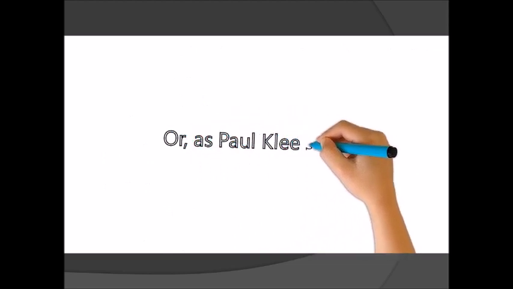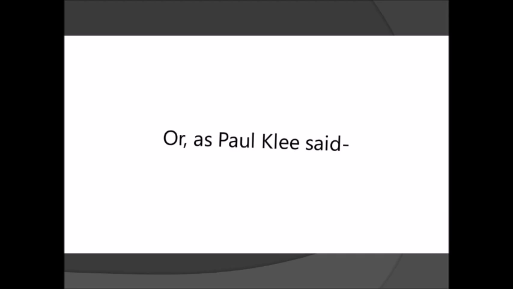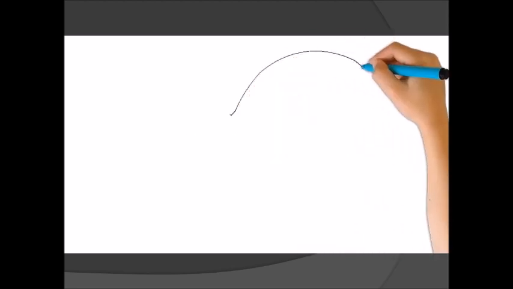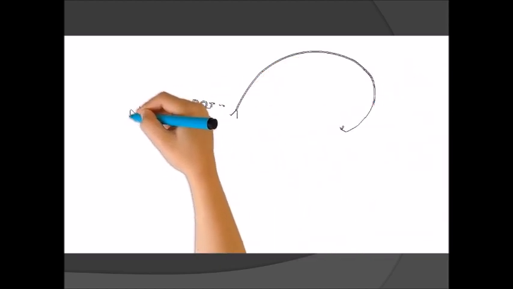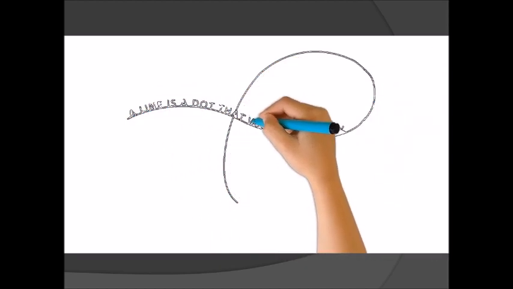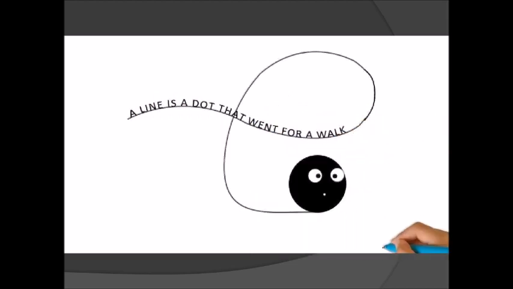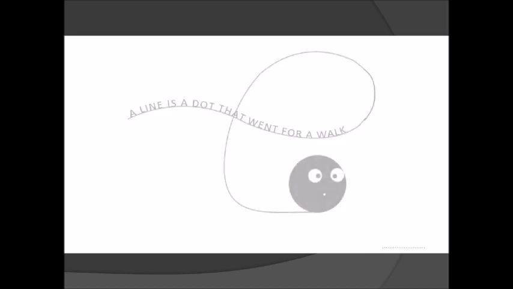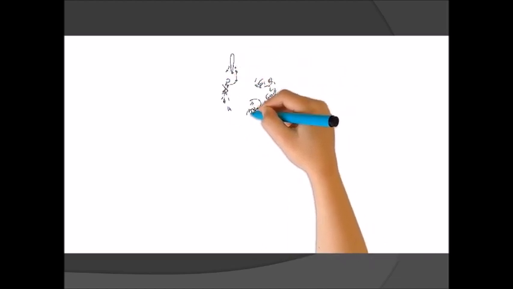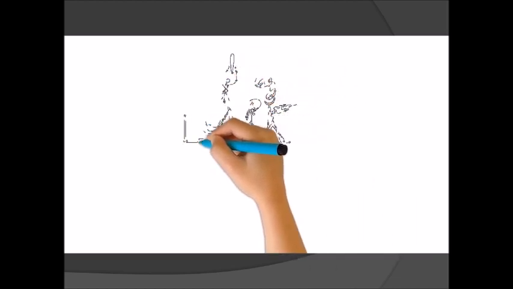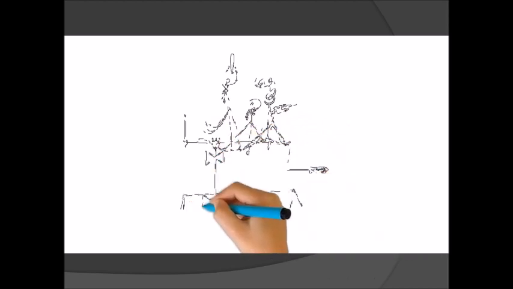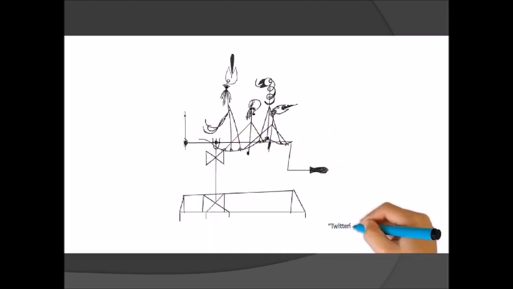Or, as Paul Klee said, a line is a dot that went for a walk. This is one of his drawings, named the Twittering Machine.